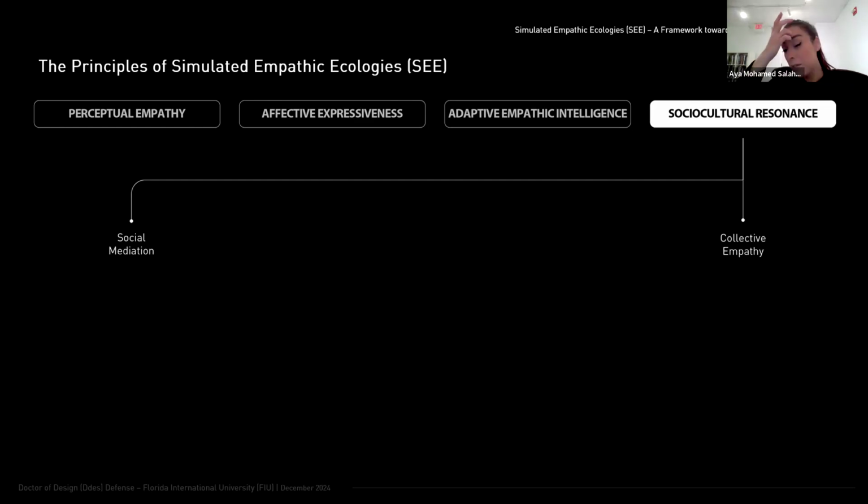What would it mean if these spaces could not just infer a singular person's affective state, but do so as a collective, and have almost an emotional map of all of the occupants inside them, and how could that affect our experience of that space and how we interact with one another.